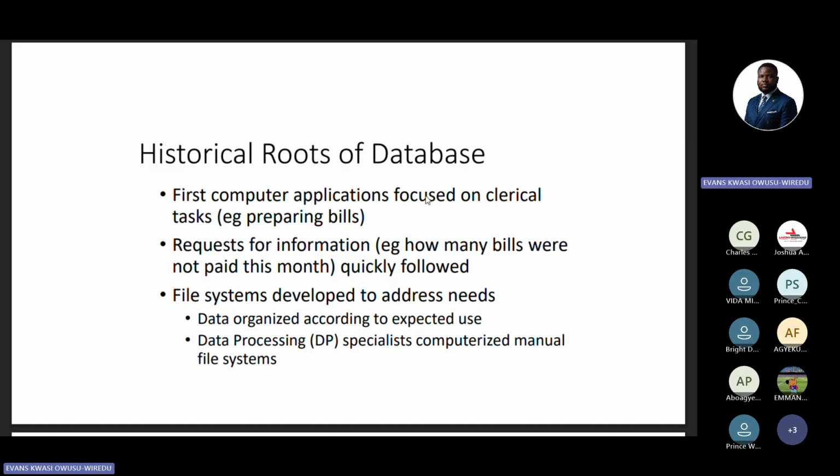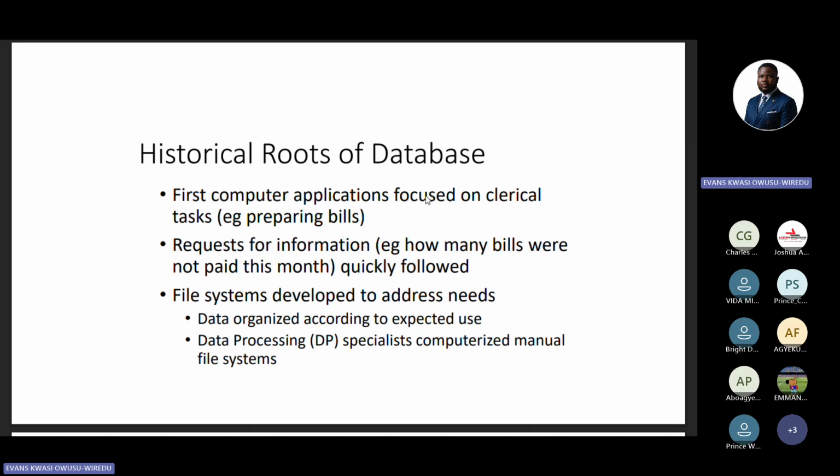You would not be able to get information on it unless you gathered your data yourself, probably wrote them down, and then put your heads together before you could make meaning of it. So this is how far the journey of the database has come.